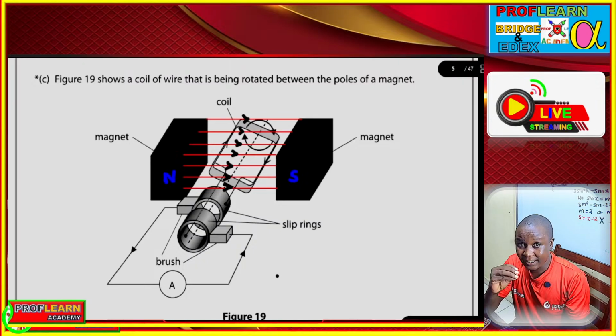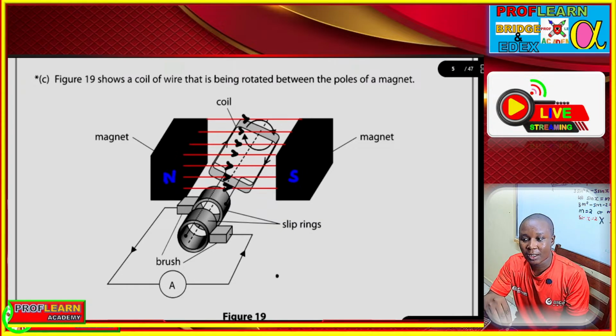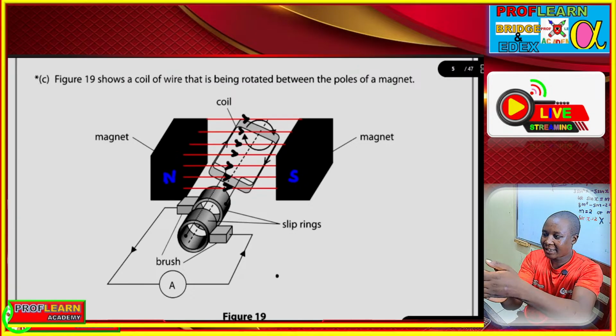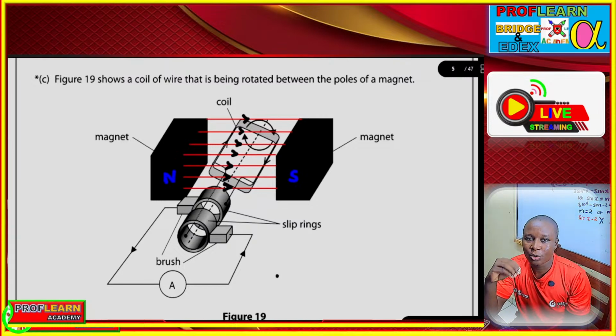And when a conductor cuts through the fields, an EMF is going to be induced in that conductor. That is how electricity is generated, because we have a coil that is turning within the magnetic field.